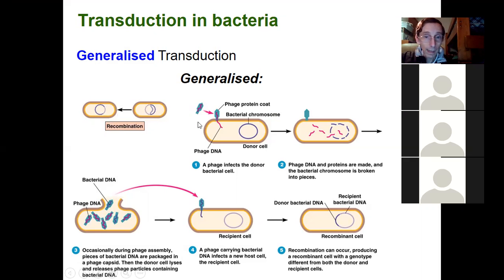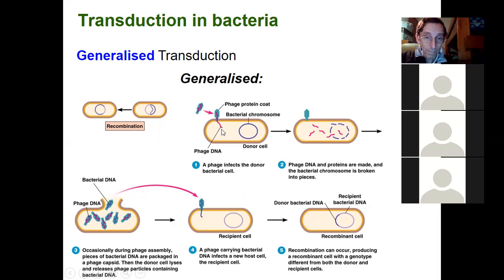Normally, when a bacterial virus infects a cell, it will bind to the bacterial cell and then send its DNA into the cell, and this viral DNA will destroy the bacterial DNA, because the viral DNA wants to run the show in the cell. It wants to control the cell.